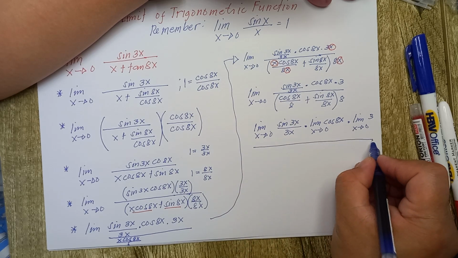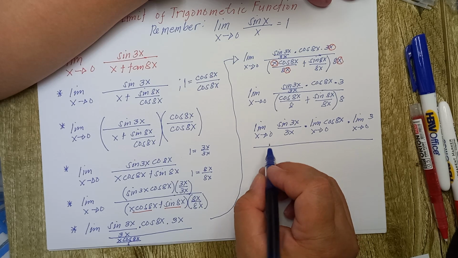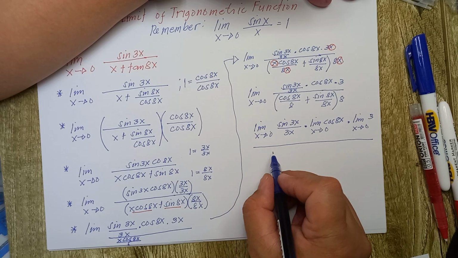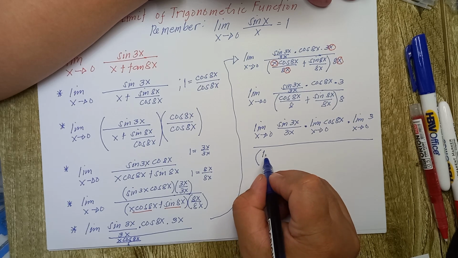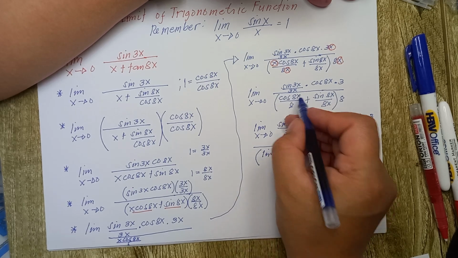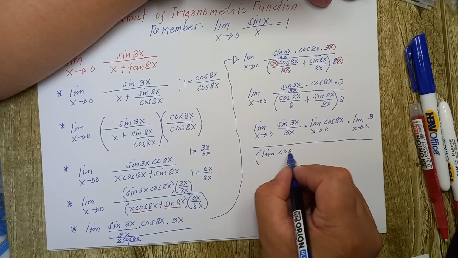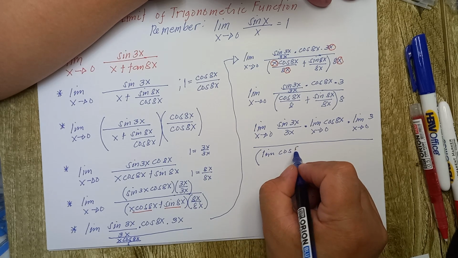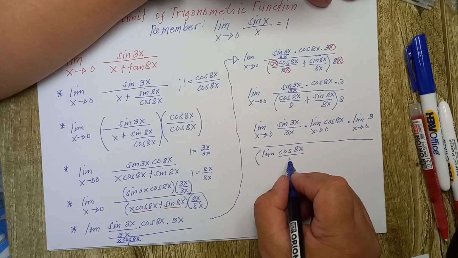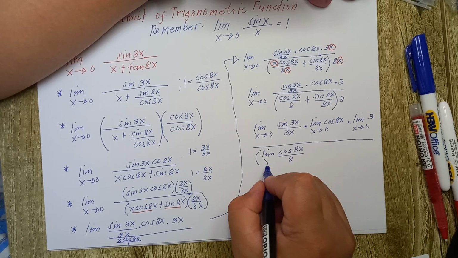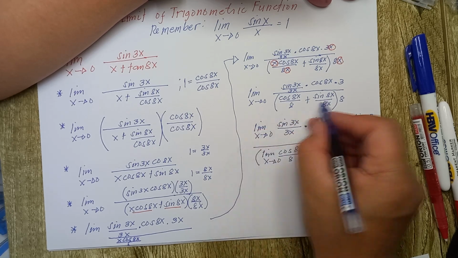Now how about the denominator? We do have now this one, the quantity, the limit of cosine 8x over 8 as x is approaching 0, plus how about in here?